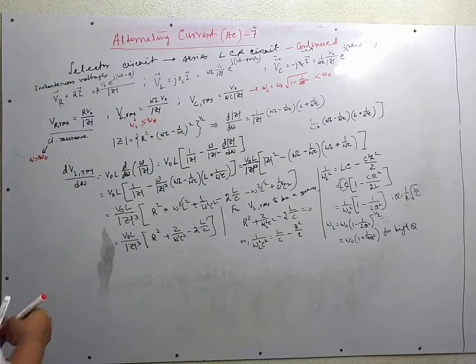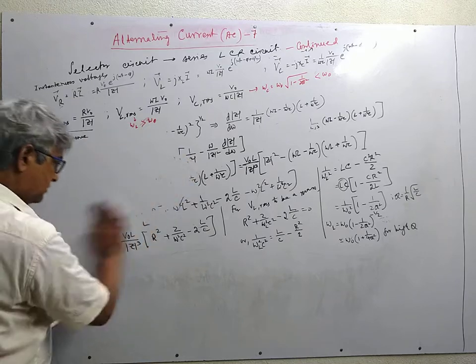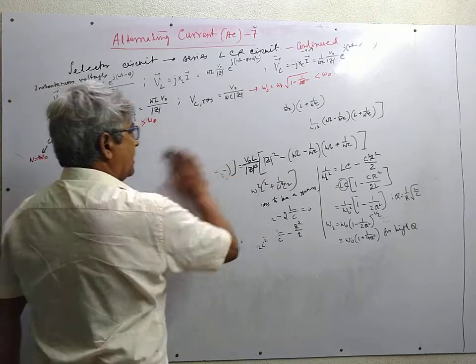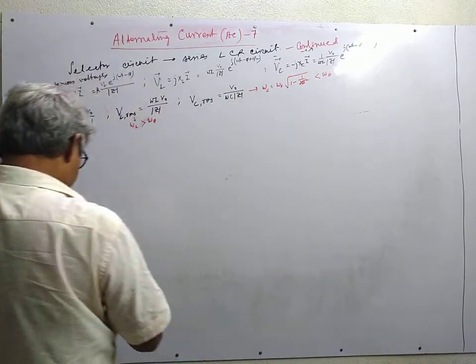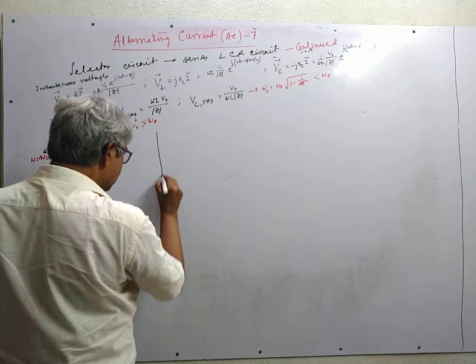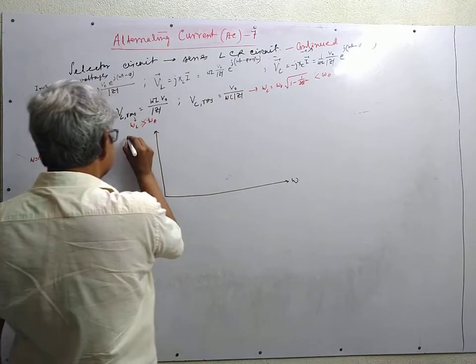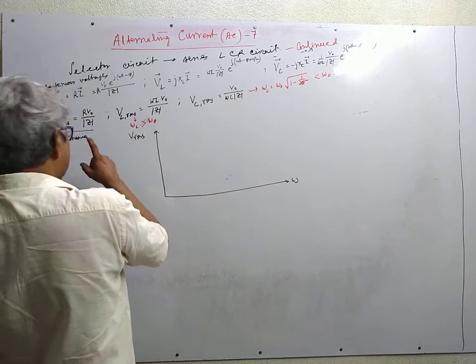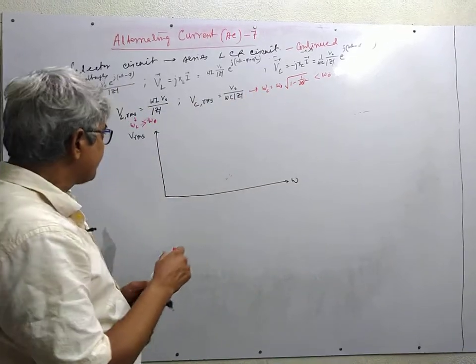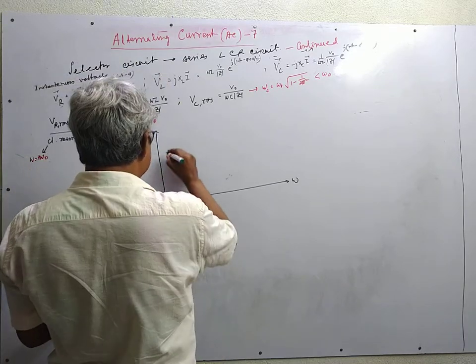So if we plot the variation of RMS voltages, first, if we consider VC, the variation of VC is like this.